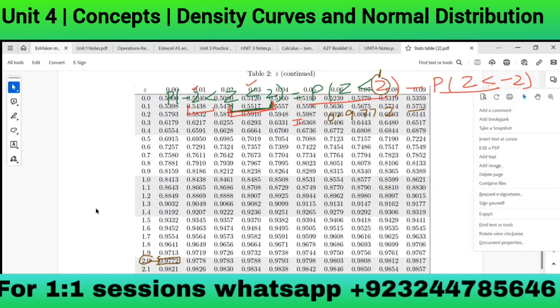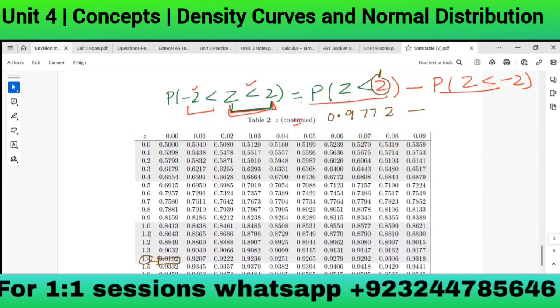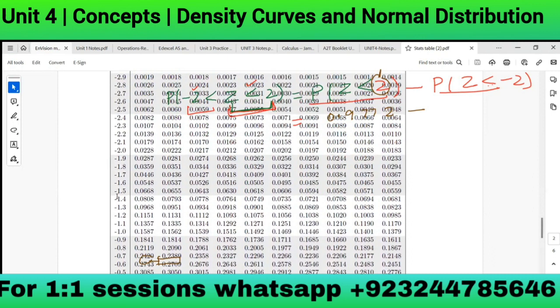Now I have to go to P of Z less than -2. So I will find -2 in my Z column. Let's find -2. Is this -2? It's -2.00. If it's -2, it's equal to -2.00. It's one and the same thing. So I will go for this one. The first column is always 0.00, written over here at the top.